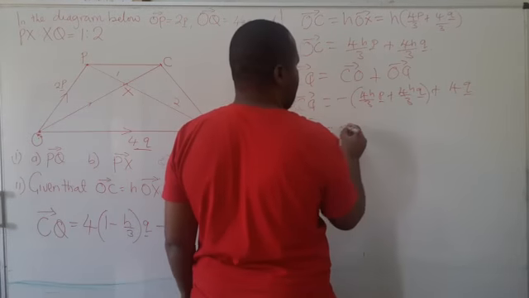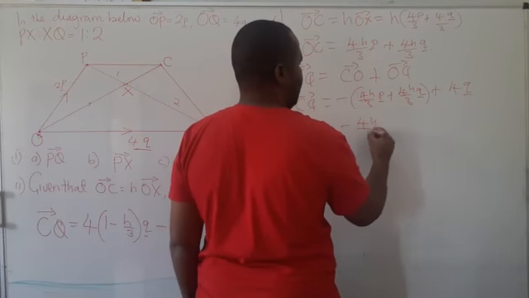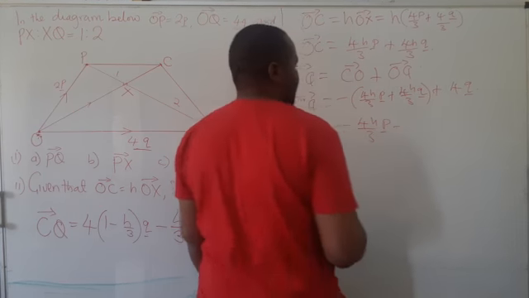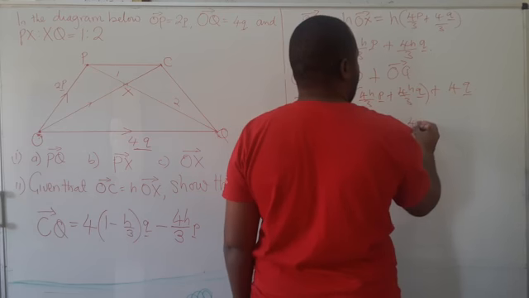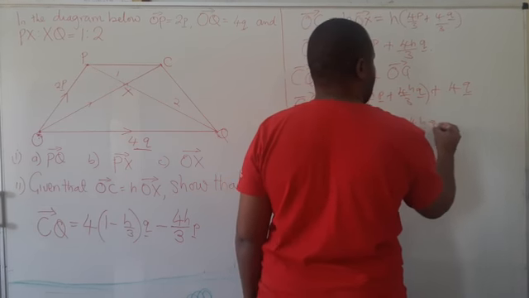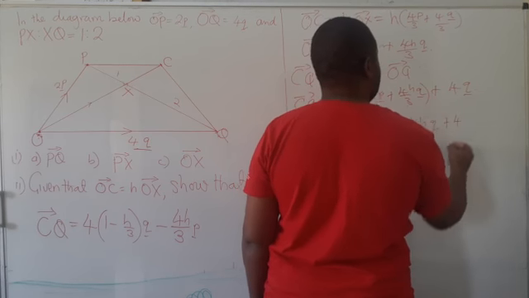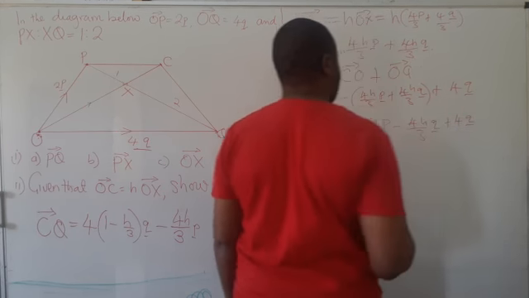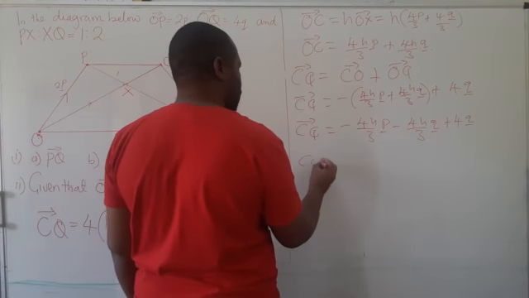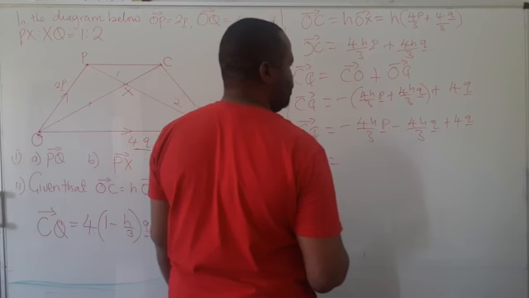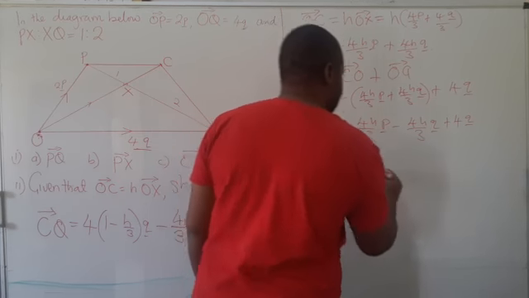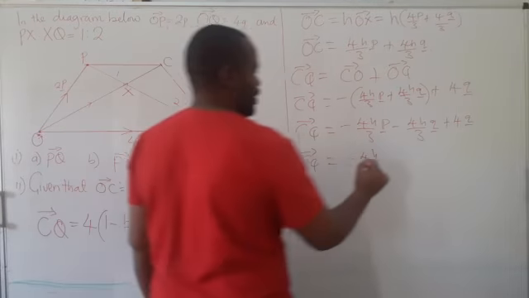Okay, so we are going to say negative 4H over 3P minus 4H over 3Q plus 4Q. Okay. So you can say CQ is equal to a negative 4H over 3. I hope it is okay. Then there's P here.